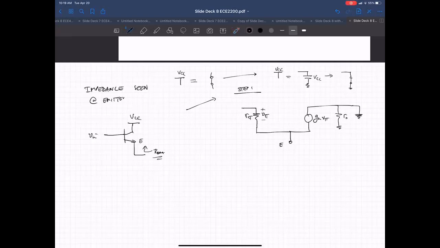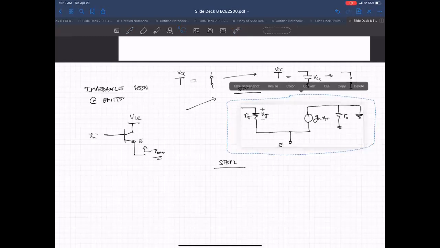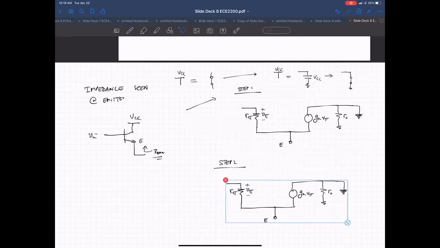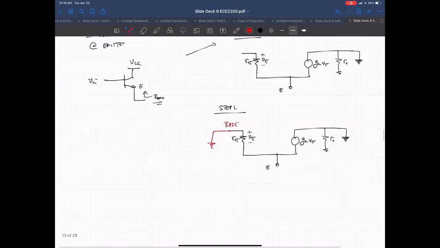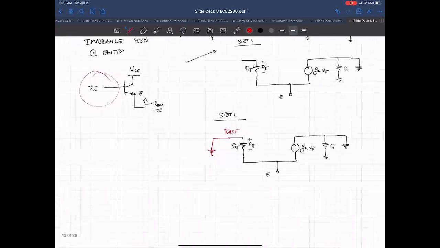And then step 2, we take that guy. And the first thing we do is we short the input. So the input in this case is the base, so I got to short that input.